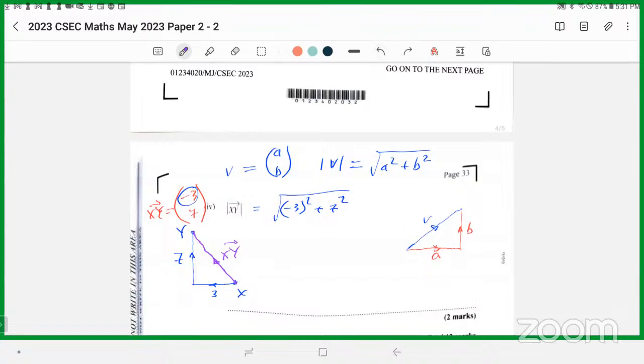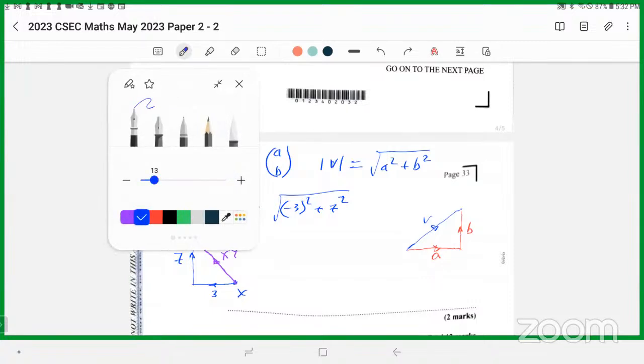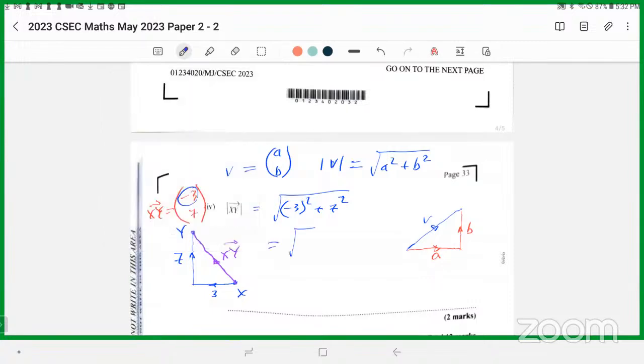In any case, if you work with the negative, the answer is going to be the same. This becomes 9, and 7 times 7 is 49. And 9 plus 49 is 58, so it becomes the square root of 58. I can leave this as my answer, in units. I can leave that as my answer right there.